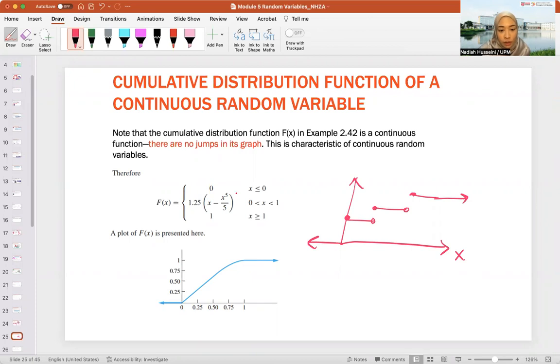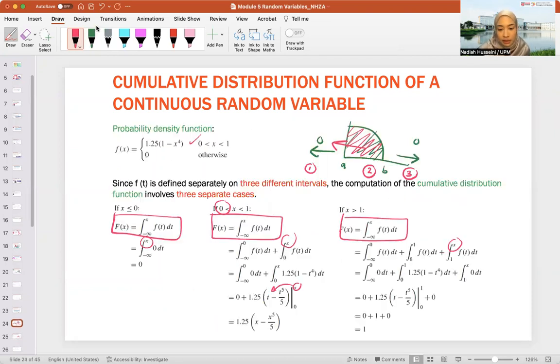Okay, so now we have 3 intervals, right? So when x is equal to or less than 0, it is 0. When x is between 0 and 1, it is this function. And when x is greater than 1, it is just equal to 1 because this is cumulative, right? We're just taking what we got over here. Okay, 0, 1.25, whatever this is, and 1. So this is our 3 intervals.